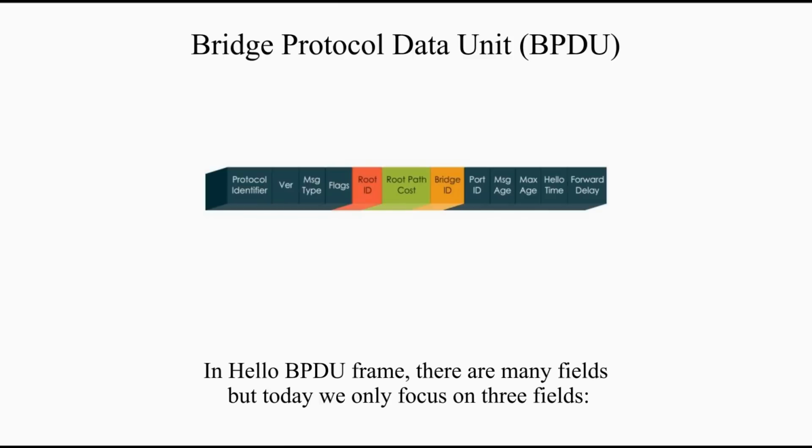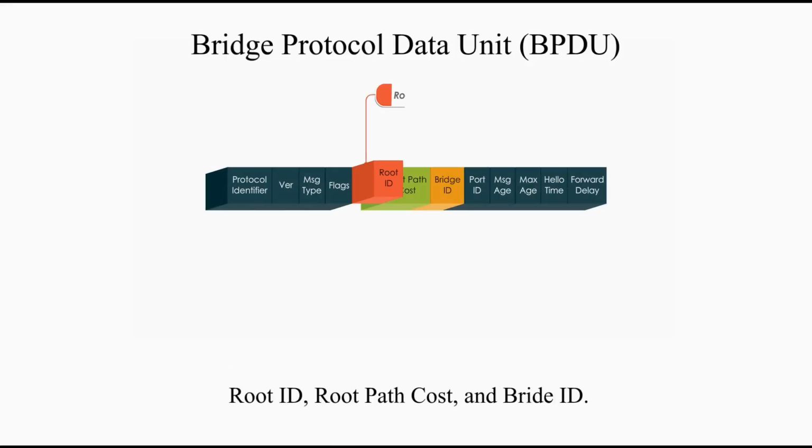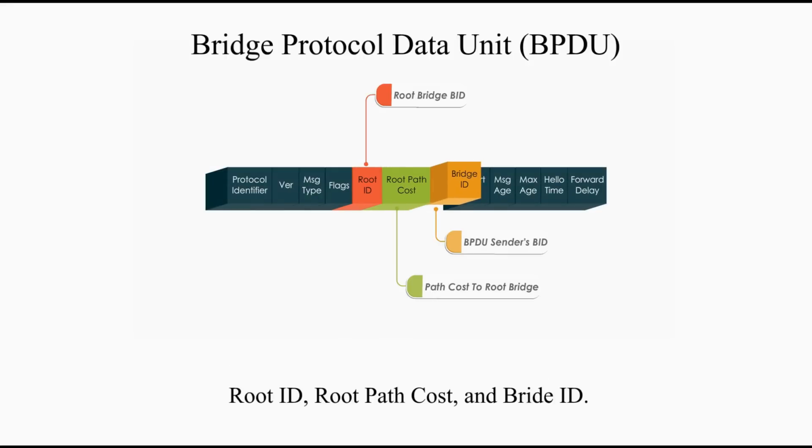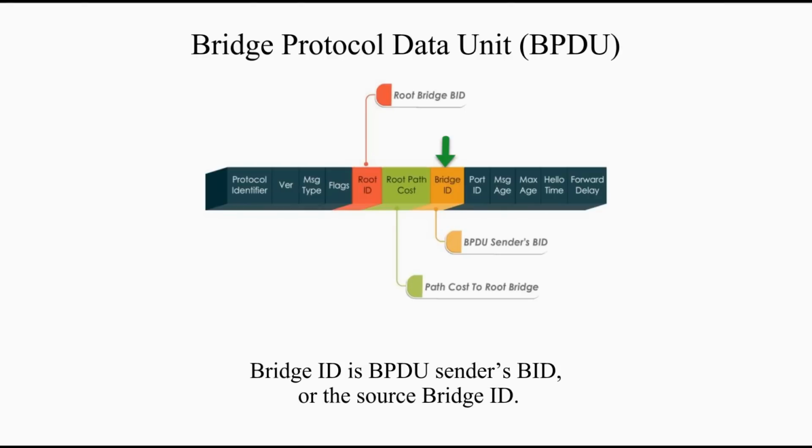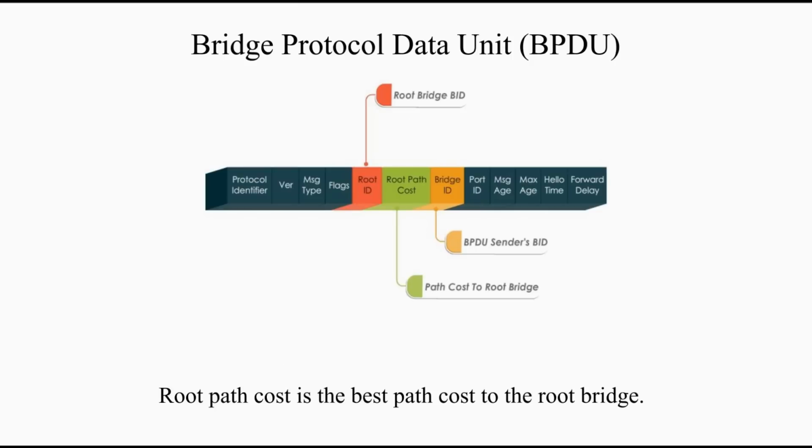In the Hello BPDU frame, there are many fields, but today we only focus on three: root ID, root path cost, and bridge ID. Root ID is the root bridge's BID. Bridge ID is the BPDU sender's BID, or the source bridge ID. Root path cost is the best path cost to the root bridge.